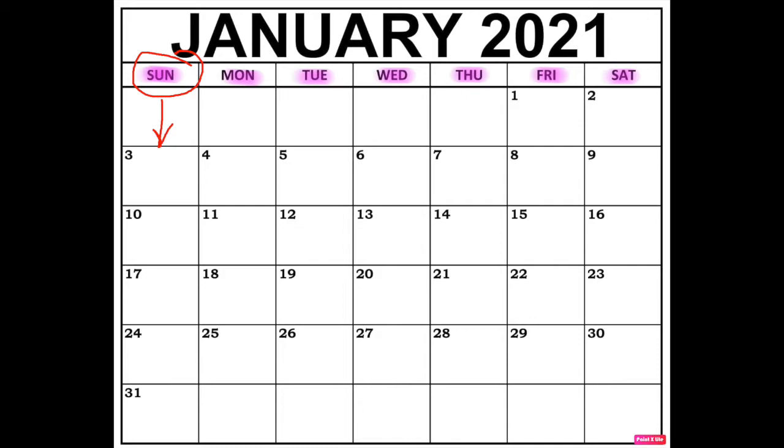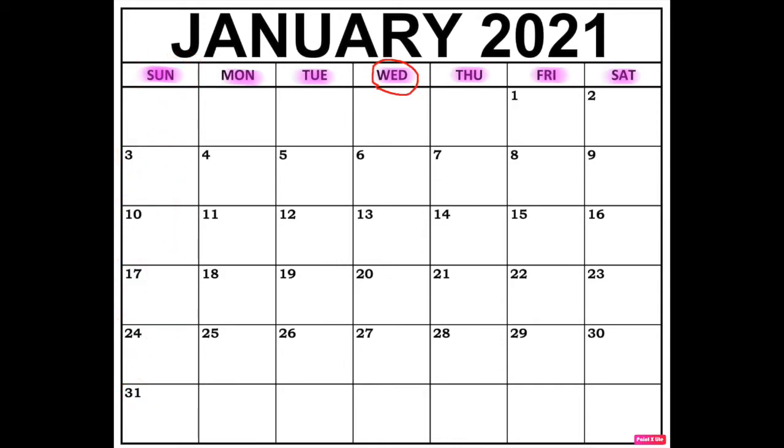All of the boxes that have dates in them, the blank ones don't count, remember, represent the Sundays in January. So there is the 3rd, which is a Sunday, the 10th, the 17th, the 24th, and the 31st. So in total, there are 5 Sundays in January. Good.